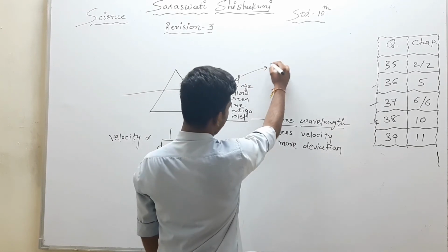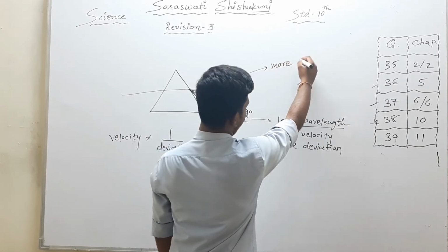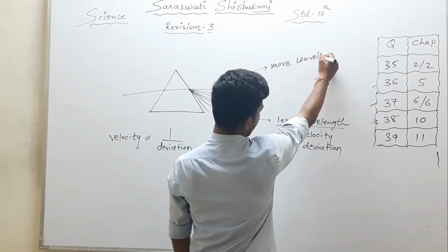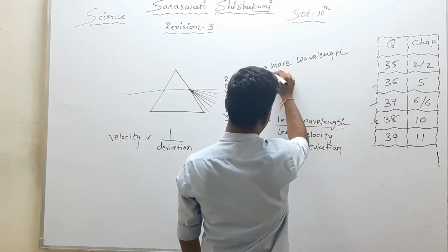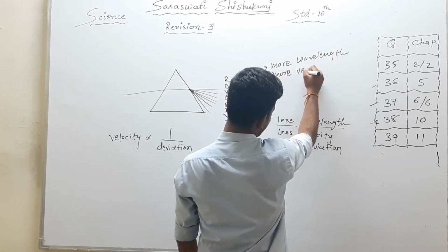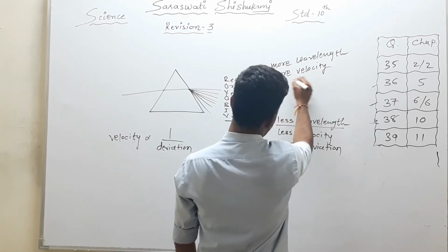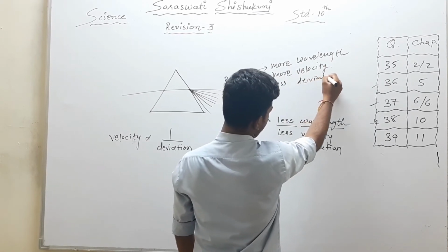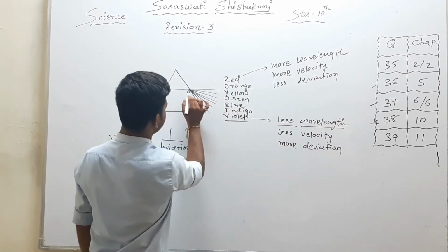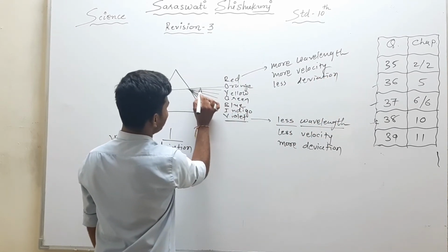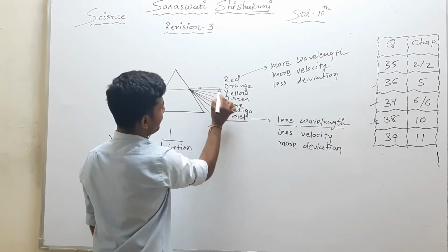Now red color has more wavelength, that means it will have more velocity, and as there is more velocity, there will be less deviation. So here you can see that there is very little deviation angle of red color.